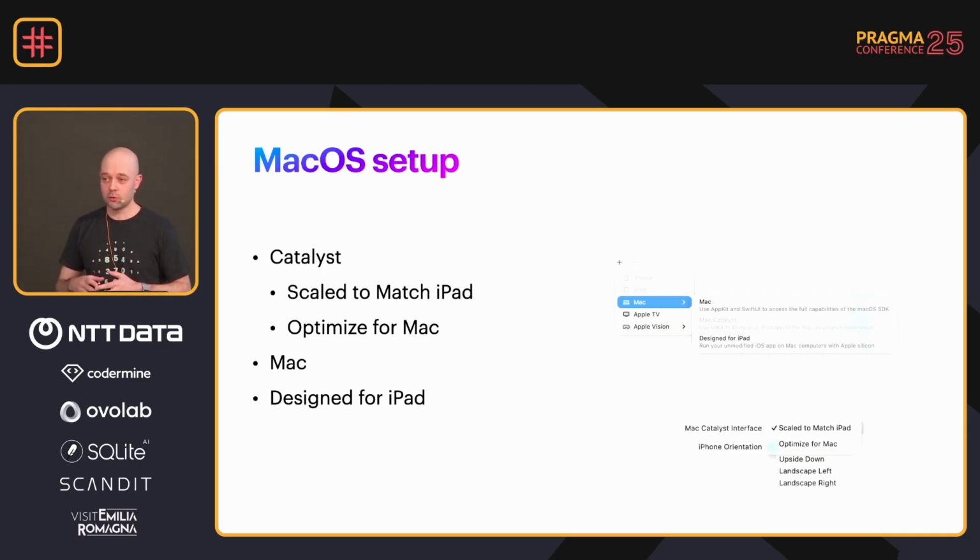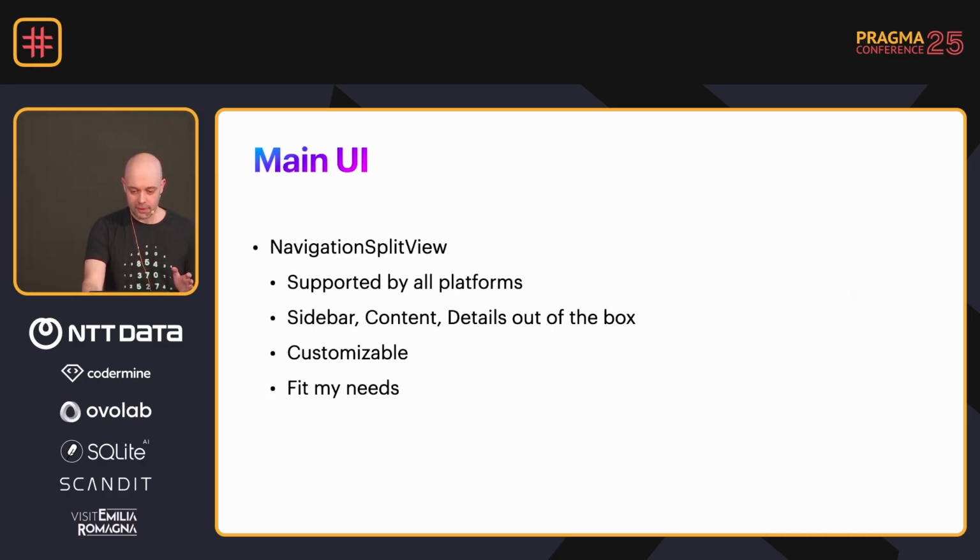In my case, I chose Catalyst, and I will show you later the difference between Scale to Match iPad and Optimize for Mac, to see how they compare. This is the only thing that you might need to think about when you develop a multi-platform app for the Mac specifically. So now let's go and see some good things, some code, how I developed this app.